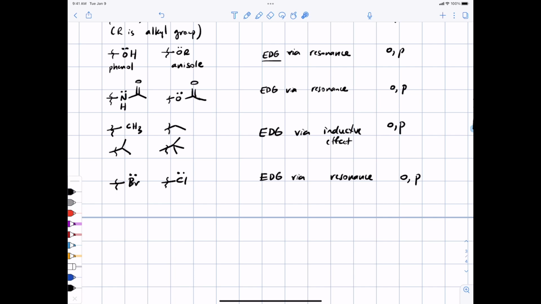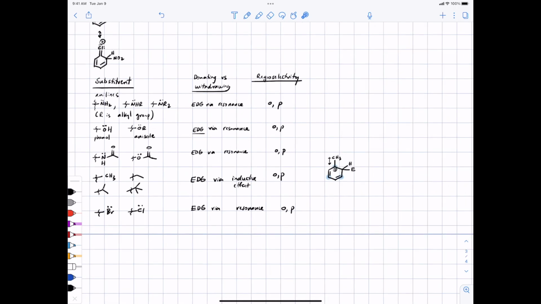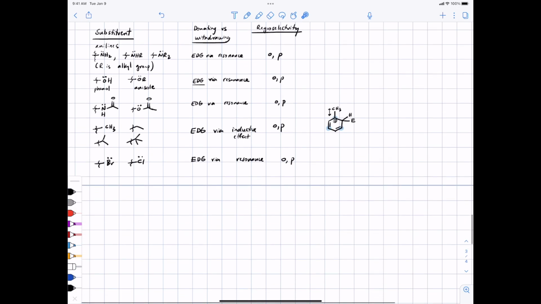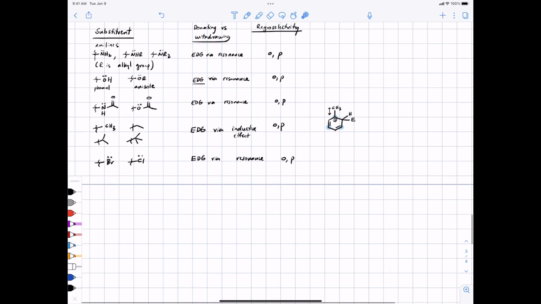That means their orbitals on bromine and chlorine are larger and more diffuse, and they don't overlap quite as well with carbon as do orbitals on oxygen and nitrogen. So it's easier to do resonance and conjugation between oxygen and carbon or nitrogen and carbon than it is between bromine and carbon or chlorine and carbon. So all of those are ortho and para directors.